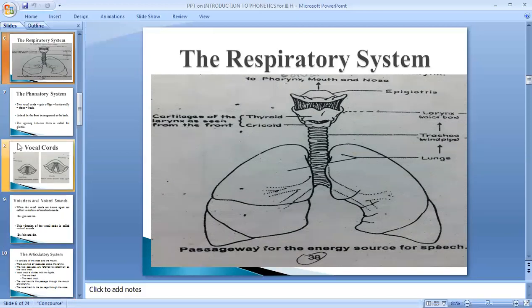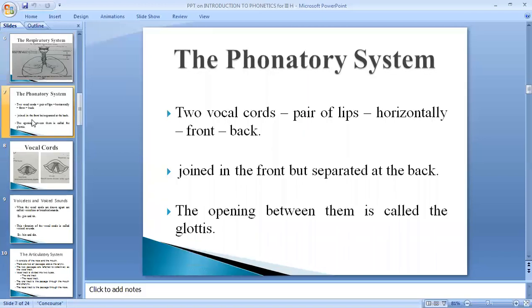Now, the phonatory system. As mentioned above, the air from the lungs passes through the windpipe, at the top of which is the larynx.